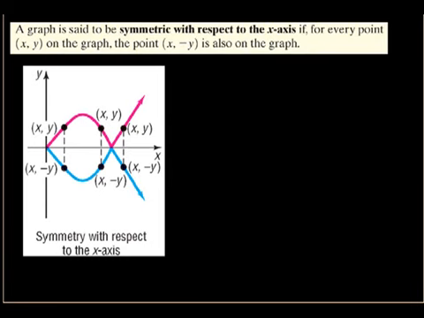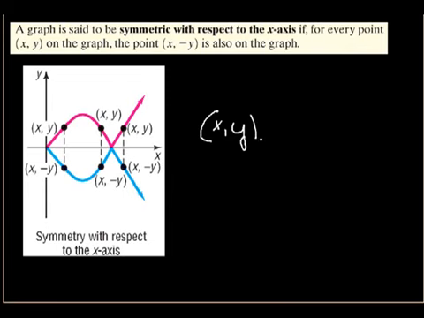So first of all, let's talk about symmetry with respect to the x-axis. Here's an example. So here is our original, the one in pink here. And then this is the symmetry. It's as if you put a mirror there and you can see it. It's kind of cool. And the interesting thing about this, and some instructors make it really hard, but it's really, really easy.